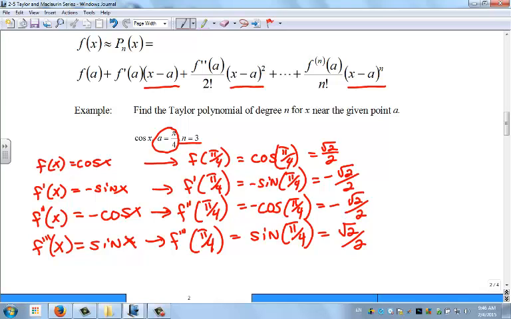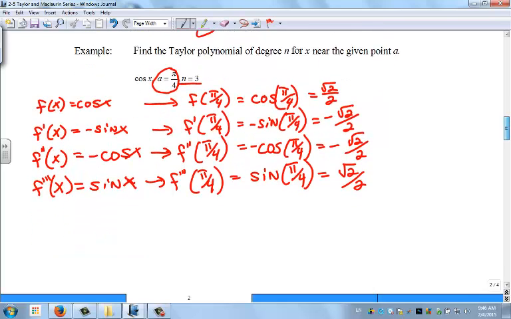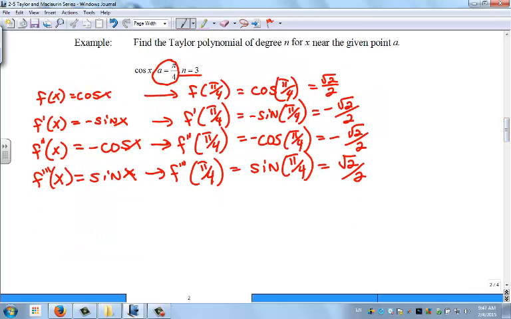So you see that the number of the derivative, the number of the exponent on x minus a, and the number of the factorial in the denominator are all the same. See, 2 factorial, second power, second derivative. And it works that way all the way through Taylor polynomials. So it's always easy to remember this formula. I don't even have to look at it while I'm writing. So now we go on.